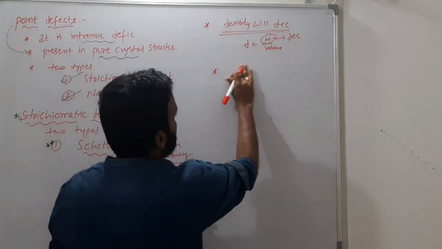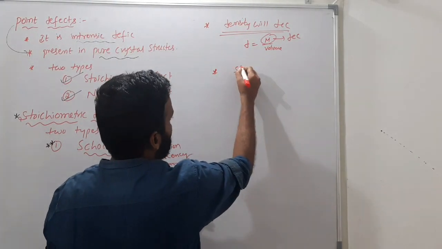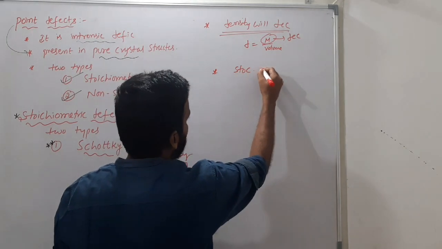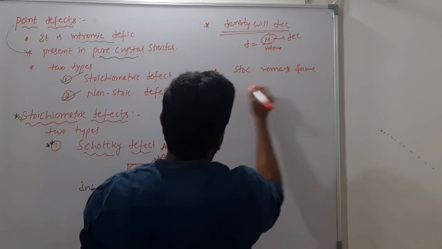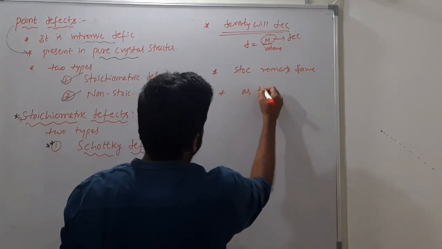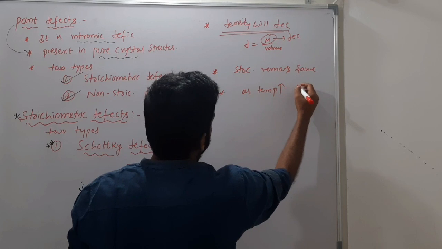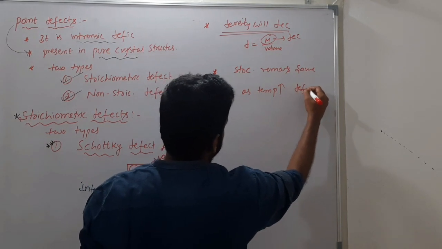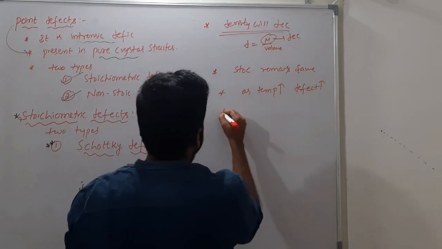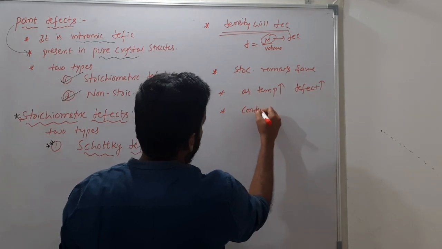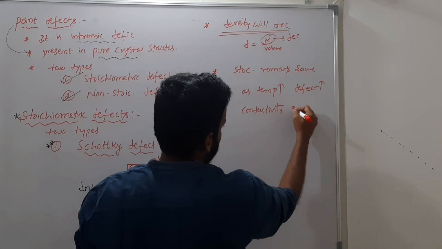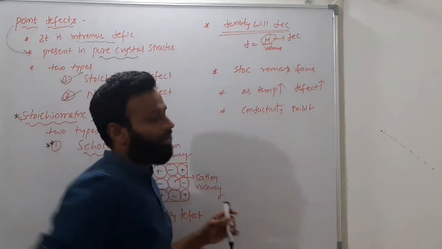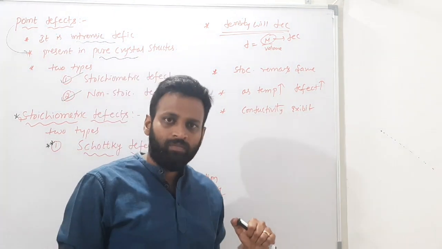And one more thing, due to the Schottky defect, stoichiometry won't change. Stoichiometry remains the same. And as temperature increases, this defect increases and conductivity increases. Why is conductivity exhibited?